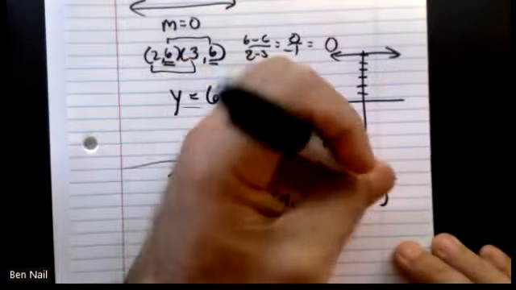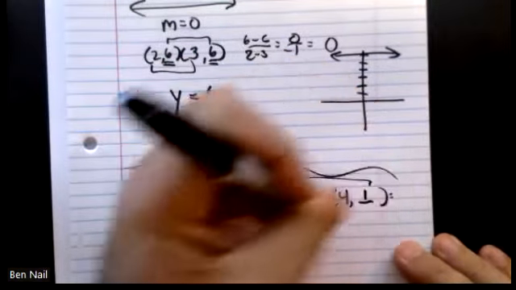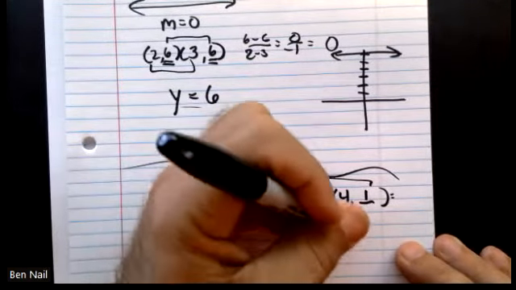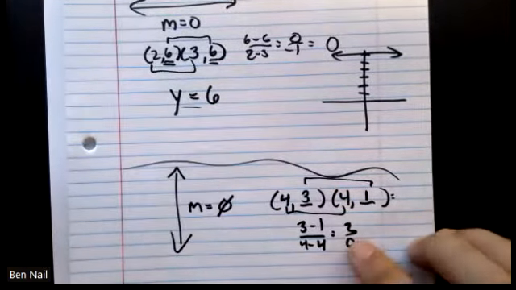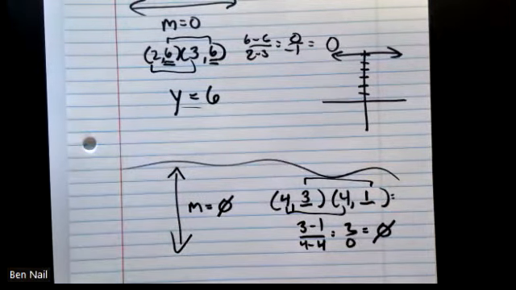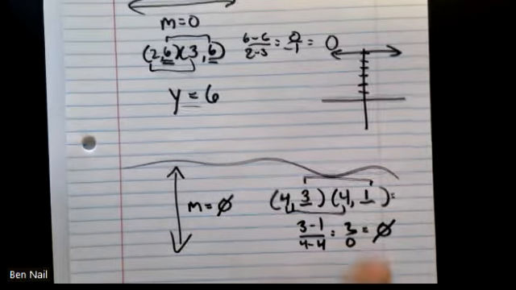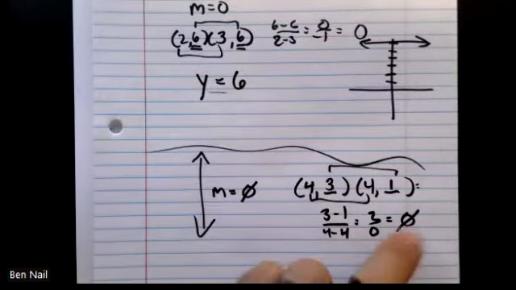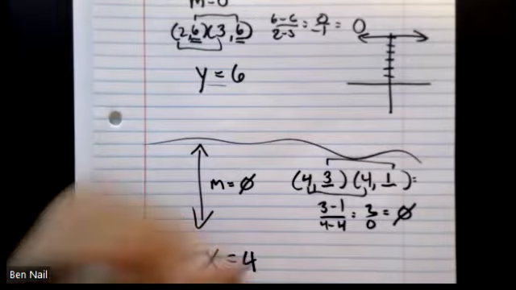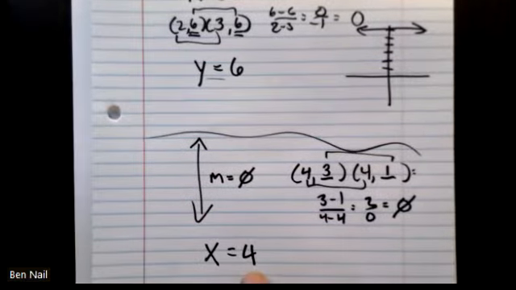And what this looks like, so if we try to do this, we do 3 minus 1 over 4 minus 4. That gives us a 0 on the bottom. You cannot divide by 0. Okay, in math, division by 0 is undefined. So there is no slope for a vertical line. It is undefined. And the equation for that, again, is an x equals equation.